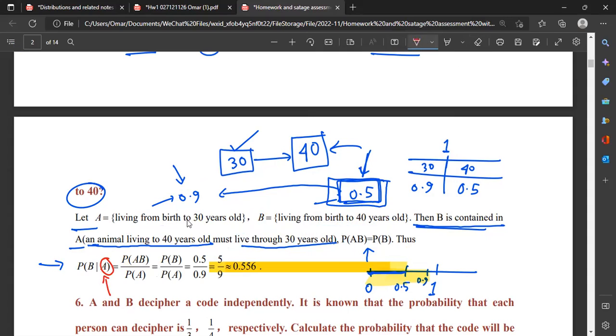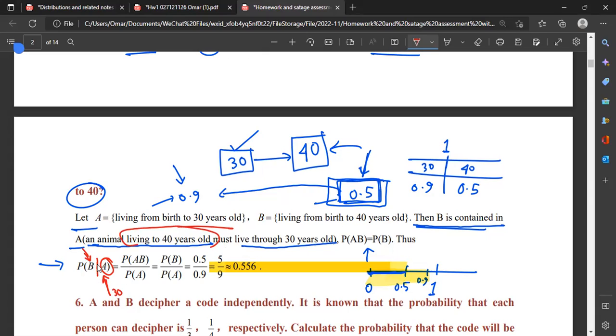We write down the condition after this line, okay? So A is the condition, meaning it has lived 30 years, and B is the part we are interested in. We are interested in it living 40 years, right?